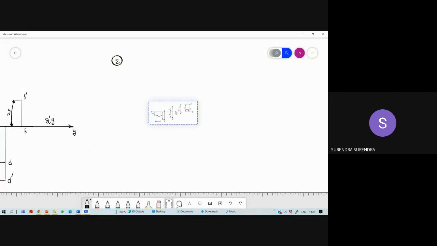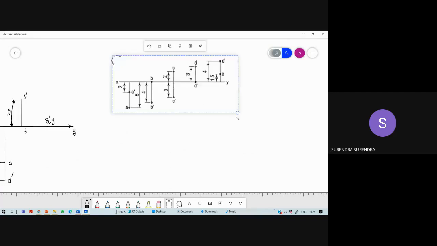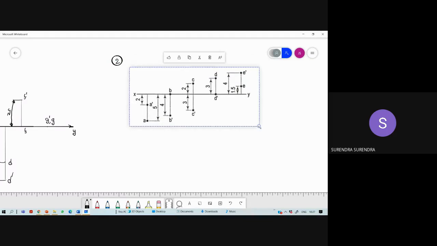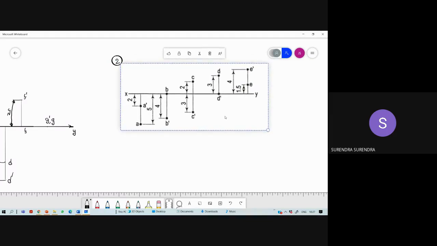In the drawing sheet, draw this figure. Even though it is given in the question, you must draw this figure. Why? Because without this figure, even if you answer, you don't get clarity. And one small correction: in this problem, all the values are given in terms of centimeters, but don't leave it like this.